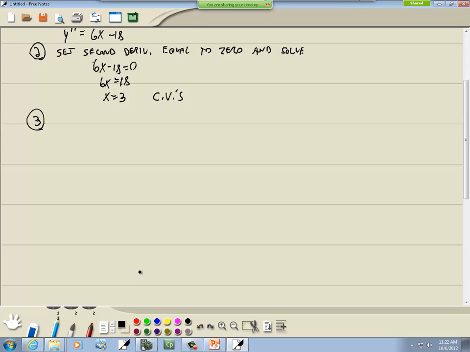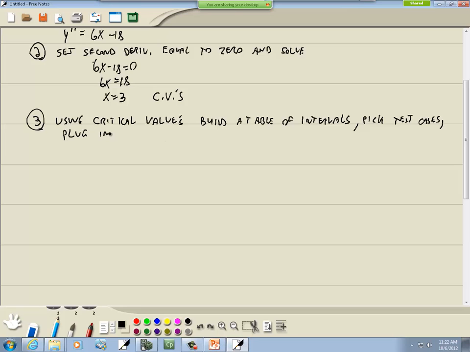Okay, so using the critical values, build a table of intervals. Pick test cases. Plug into your second derivative and simplify.